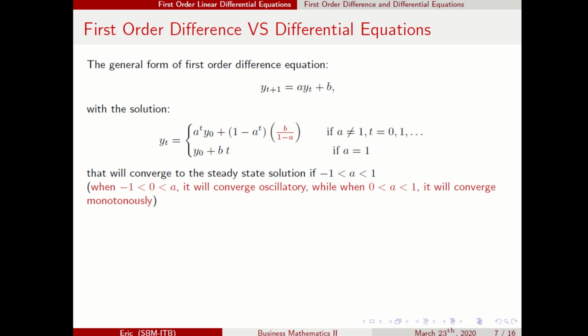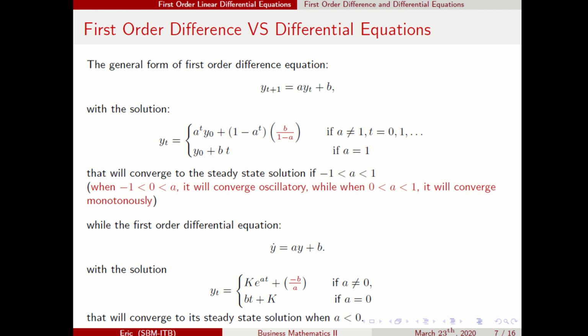And it will converge to the steady state solution. What is the steady state solution? Steady state solution is b over 1 minus a. So it will converge when a is between minus 1 and 1. Moreover, if a is negative, it will converge oscillatory, and when a is positive, it will converge monotonously.